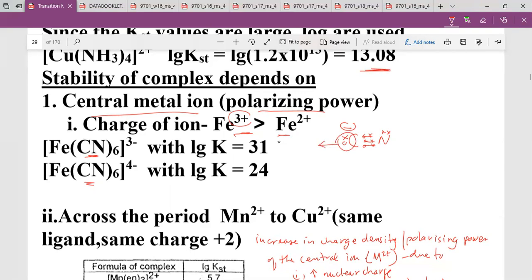So here the log Kst is 31, bigger and stronger. So the largeness of the Kst depends, if the ligands are the same, on the central ion or atom which has large polarizing power.